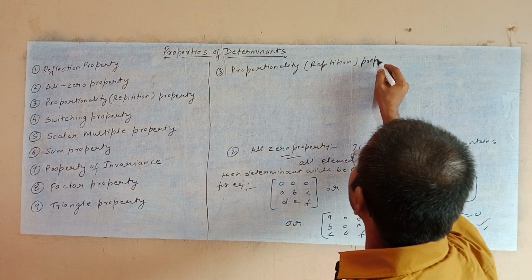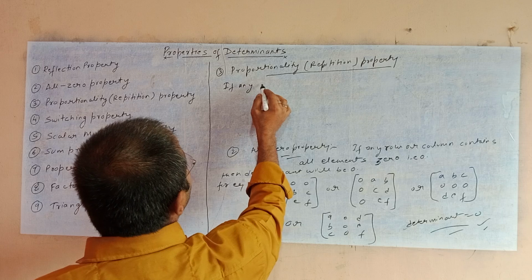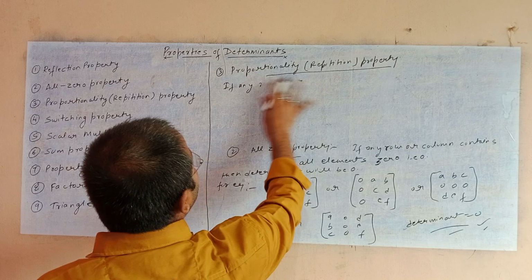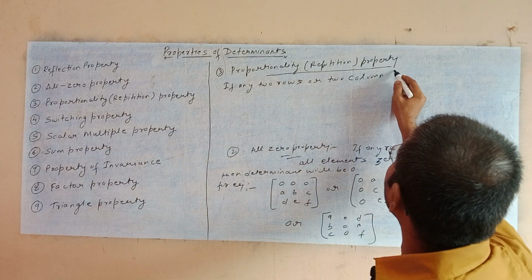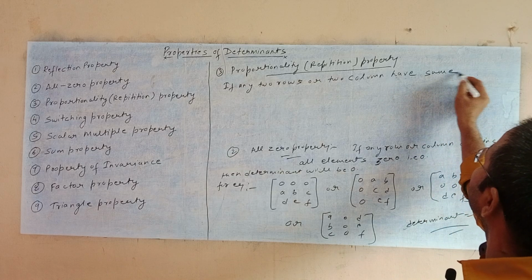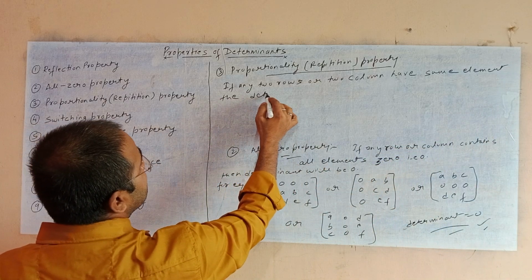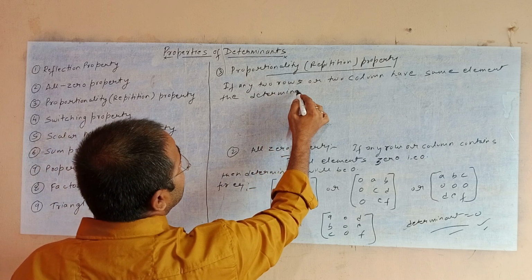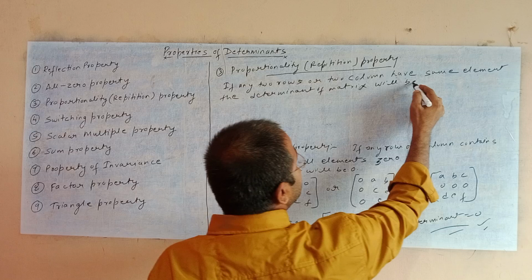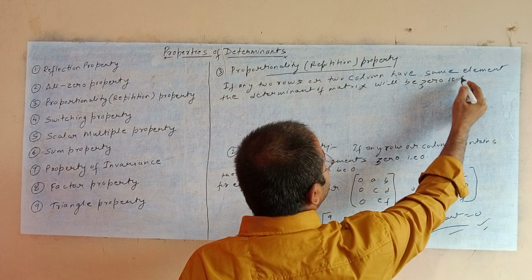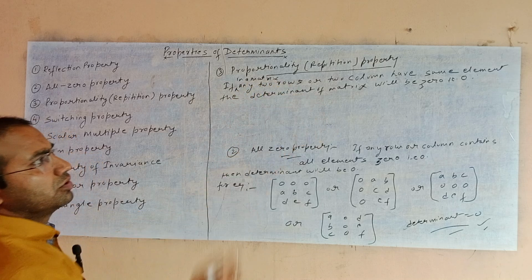Proportionality repetition property means if any two rows or two columns have the same elements, then the determinant of the matrix will be zero.